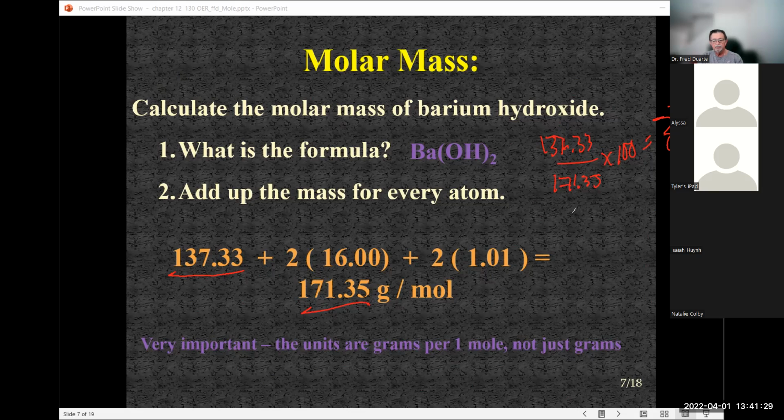And if I take 32, which is the oxygen here, divide that by 171.35, multiply that by 100, you get the percent oxygen. And the 2.02 divided by the total molar mass, times 100, gives you the percentage of hydrogen. All that should add up to 100%.